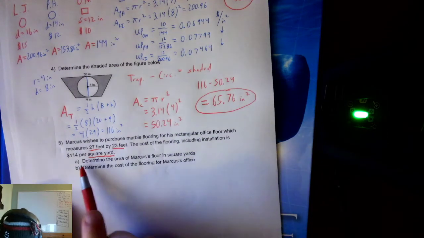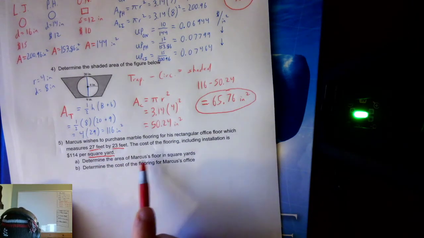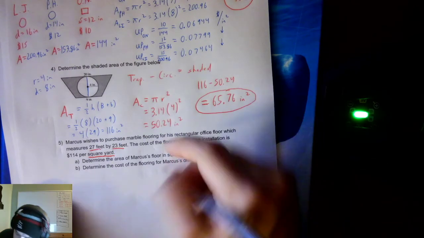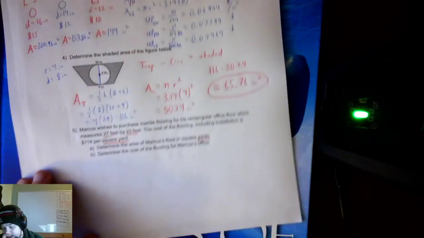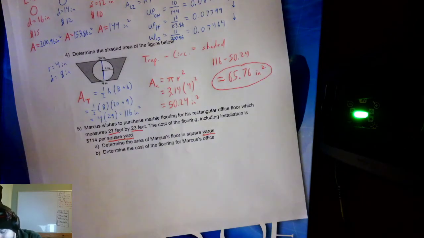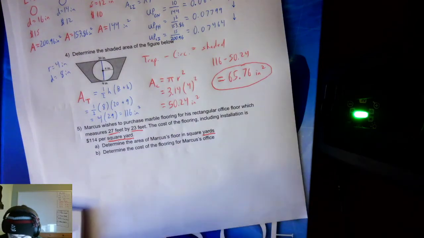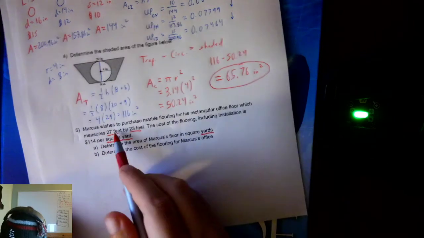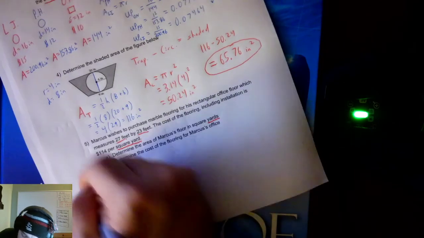And then part A says determine the area of Marcus's floor in square yards. So I need my measurements in yards. So the first thing I'm going to do is convert each of these to yards.